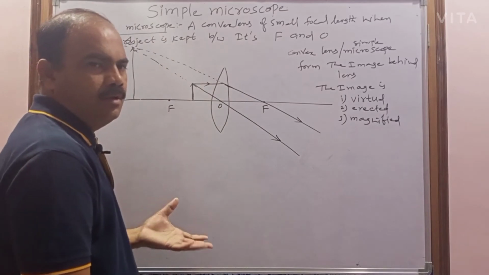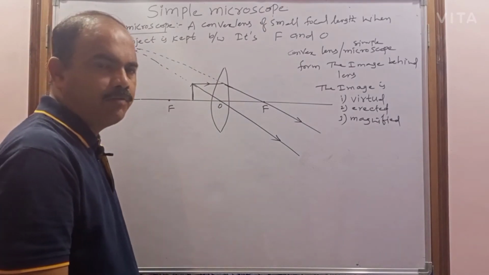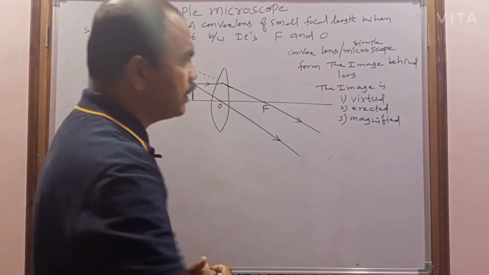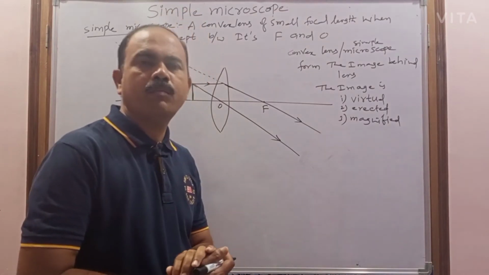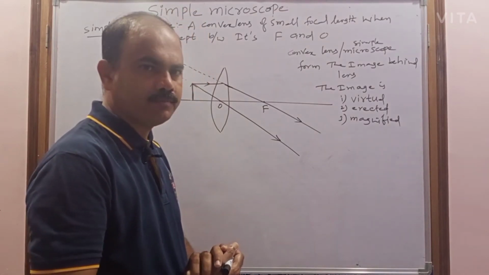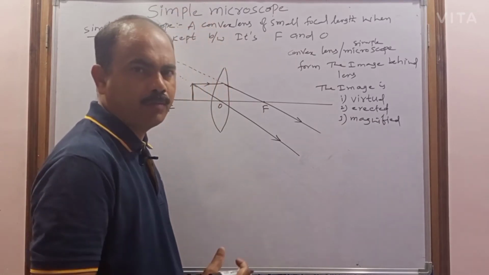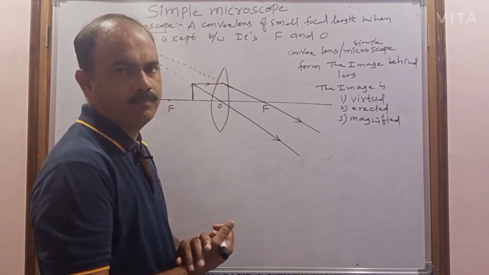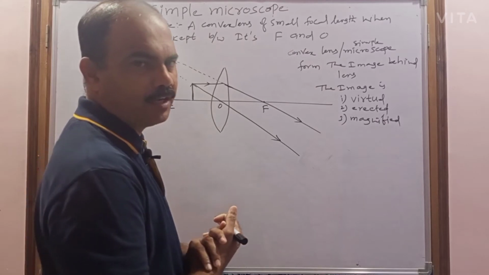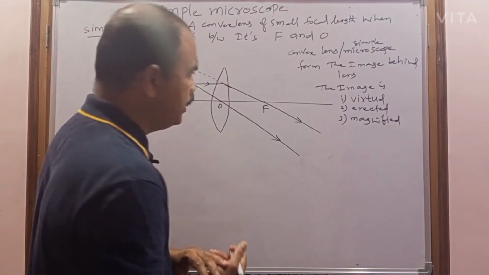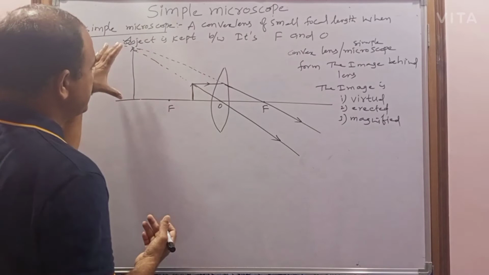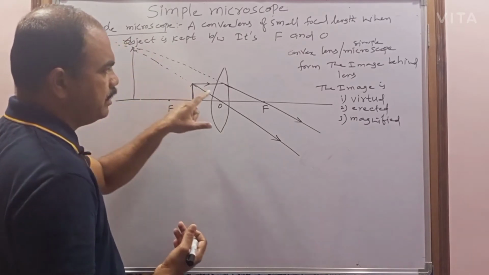Next, with what magnification can it be formed? That can be calculated with the help of the magnifying power. Next I am going to calculate the magnifying power of the simple microscope. What is the definition of the magnifying power of the simple microscope? It is the angle subtended by the final image at the eye.